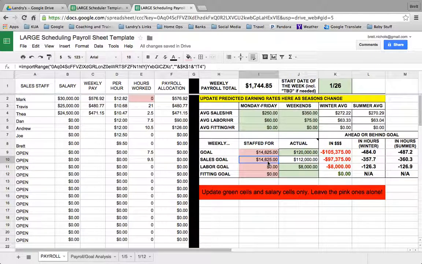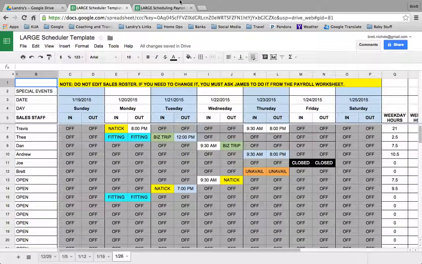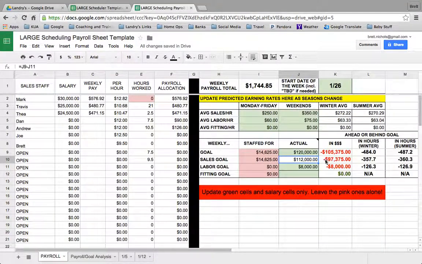$14,625. What that tells us is we do not have enough staff to meet our goal on the sales floor. That means we need to put more people on for more hours, which makes sense because we are woefully understaffed right now. This number will get smaller and smaller as we add hours.